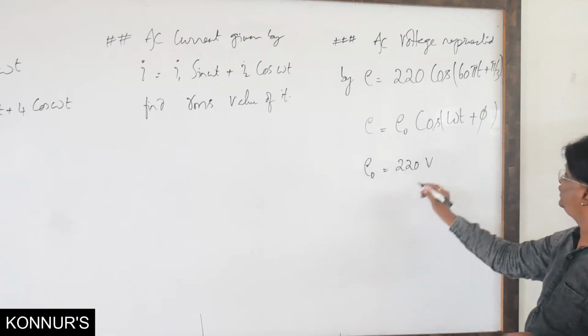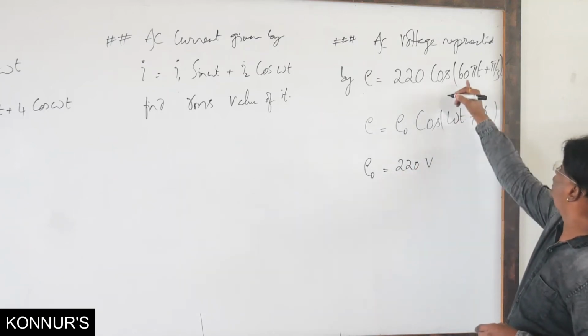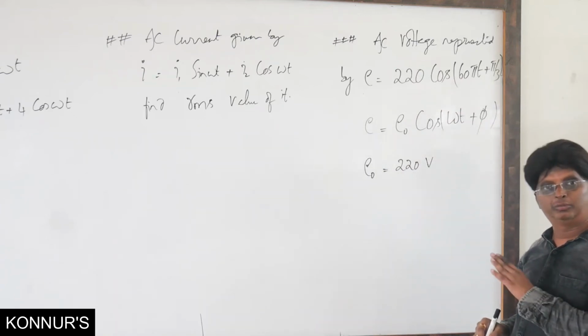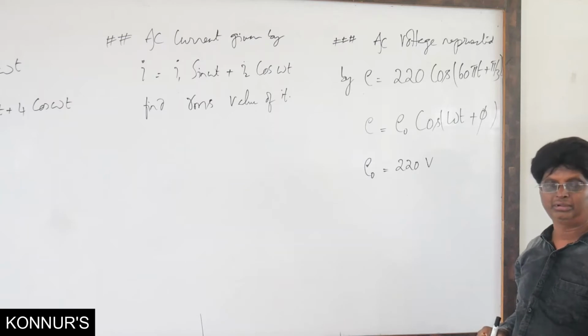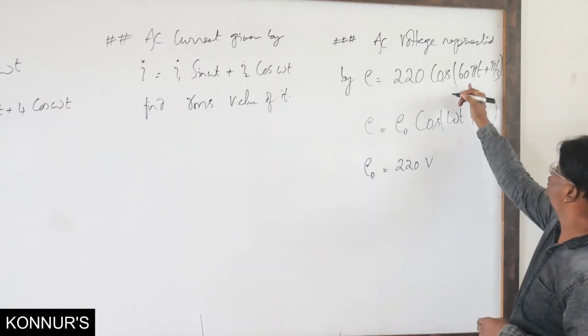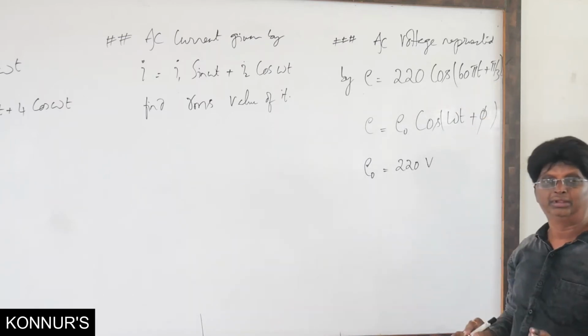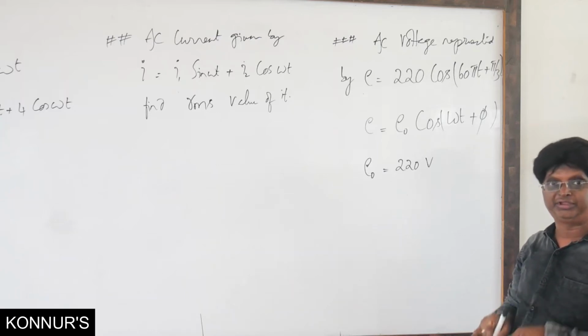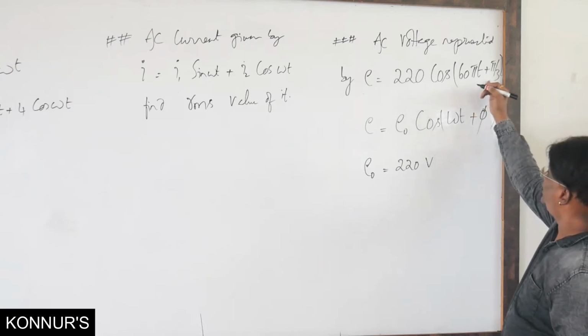E naught is 220 volts, this omega here is given as 60 pi. That pi term is also not necessarily always given, do remember. Here I have shown 60 pi t, but supposing it is only 60 t, yes it can also be given. Don't make it a compulsion that it should always be in terms of pi.